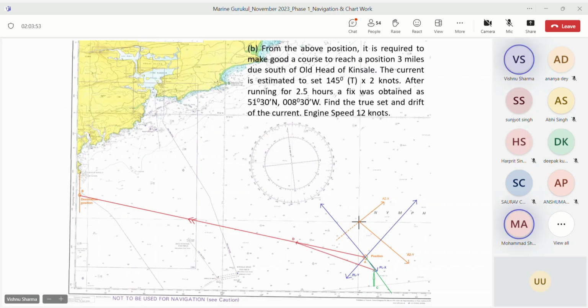True course, CTS. This is the CTS, yes or no?